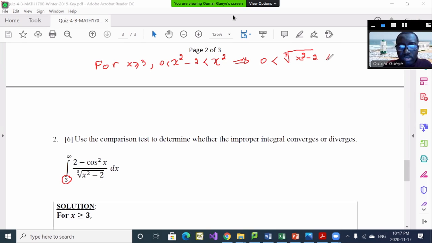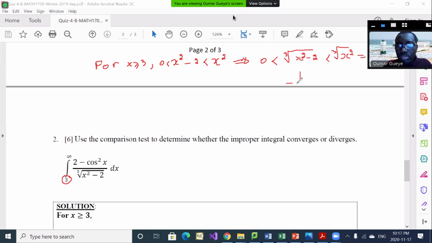Which is less than, but we know this is just equal to x to the power 2 by 3. Is it okay up to here? But this function here, the cubic root, is in fact my denominator. I want to write it as a denominator, so I have to take the inverse.